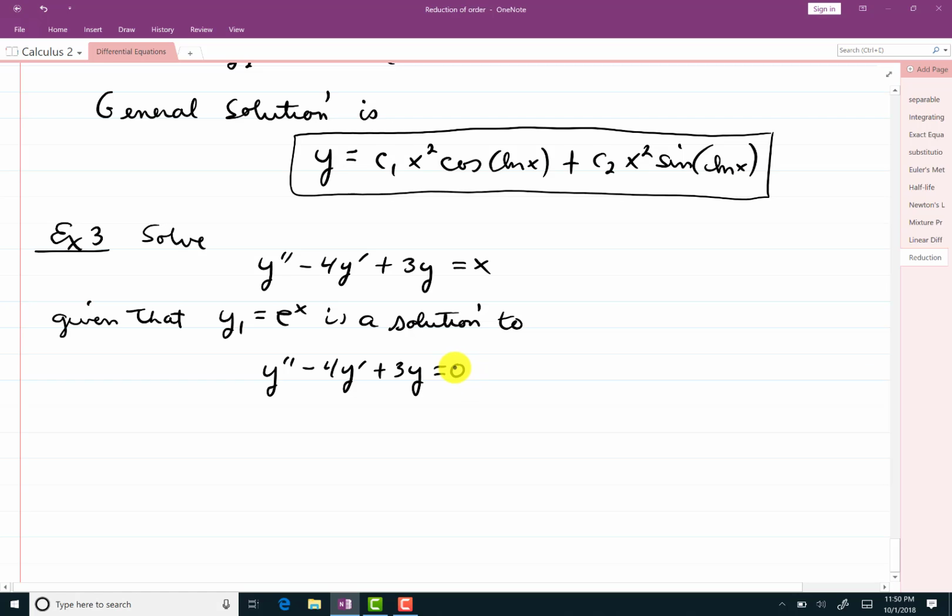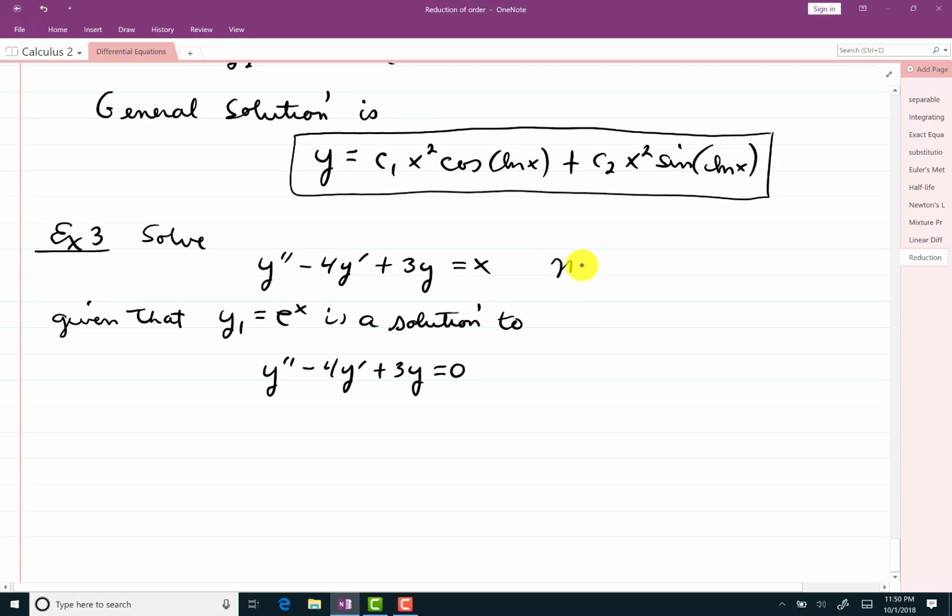So here's the deal. I'm giving you a solution to the homogeneous version of the equation, but I want you to solve for the non-homogeneous equation that you're given.